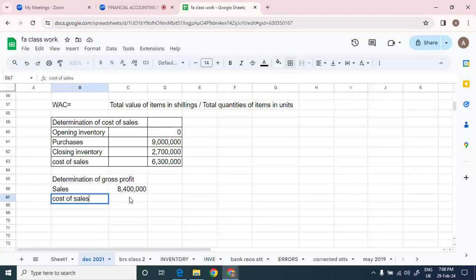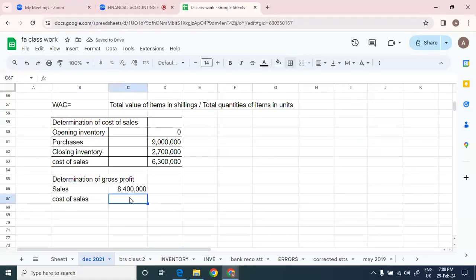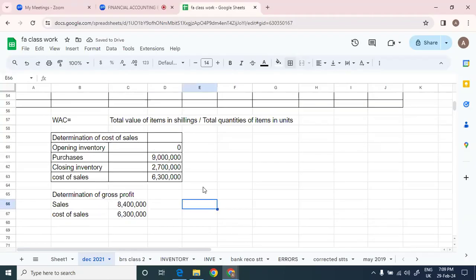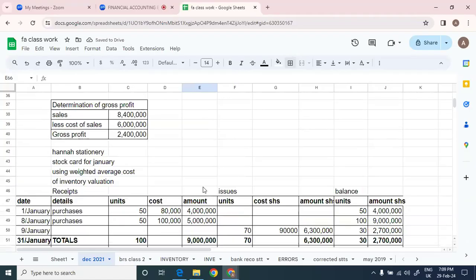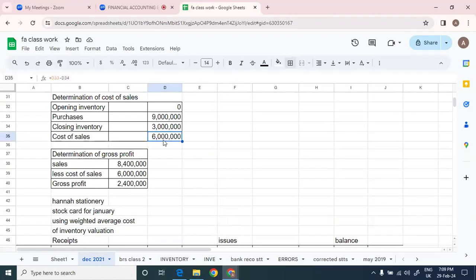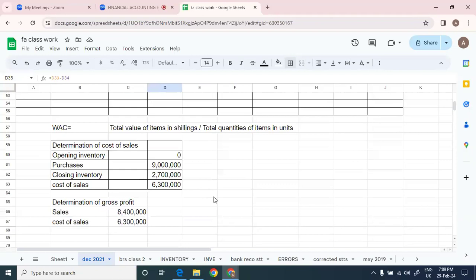Our cost of sales under here is how much? 700,000. Yes. So still, when you first compare the closing, you see it was 6 million, but when you come here, it is 6.3.